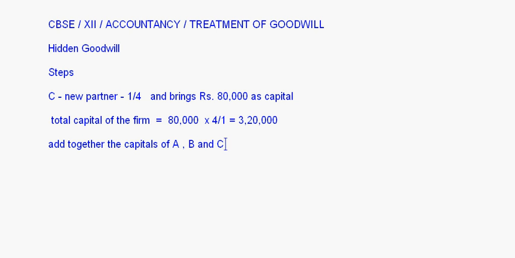So add together the capitals of A, B and C. Suppose the total of the capitals of A, B and C comes to rupees 2,80,000.